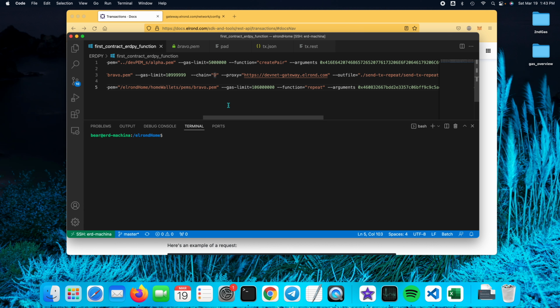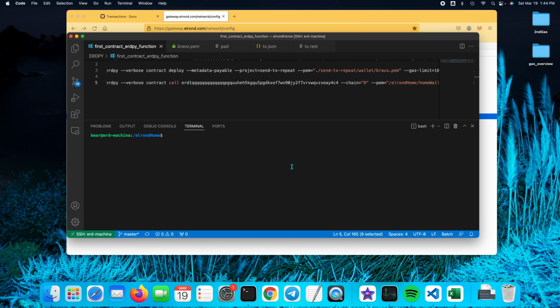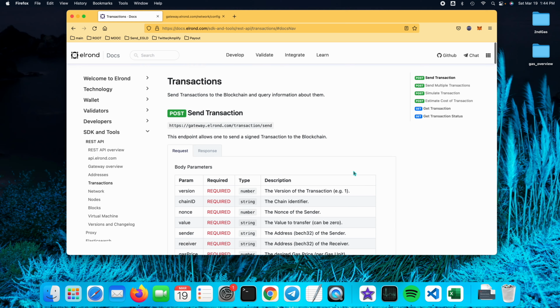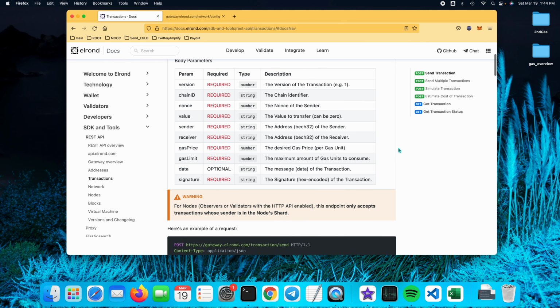I have my PEM file, and then I have my gas limit right here, then my function, and so on. Nowhere in this call do I provide a price, but if you post through other methods, such as a REST API call, you do.